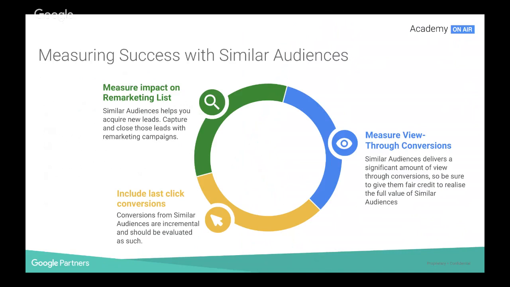So what happens is that a similar audience campaign will bring traffic to your website, but in a last-click attribution model will probably not bring conversions because people will not convert the first time they visit your website. What the similar audiences campaign is doing is just bringing pre-qualified traffic to your website, making sure that your remarketing lists are filled with cookies that are really meaningful to you, and that remarketing list will bring back users to your website.